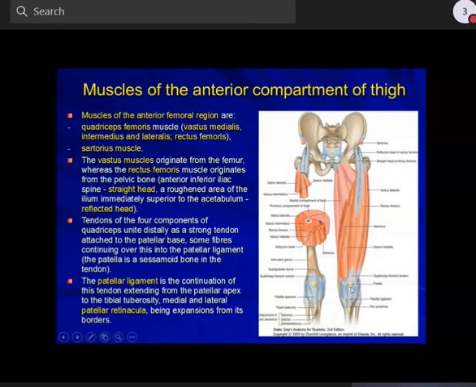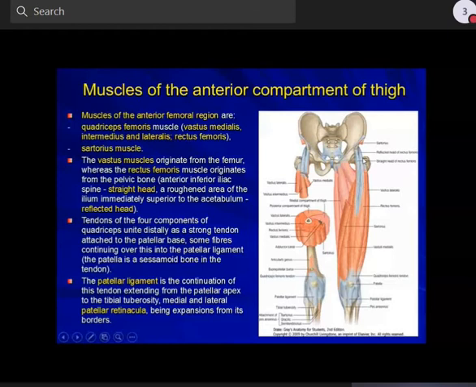Some fibers pass on both sides of the patella and are called medial and lateral patellar retinacula. So memorize it. 2 aponeurotic plates.